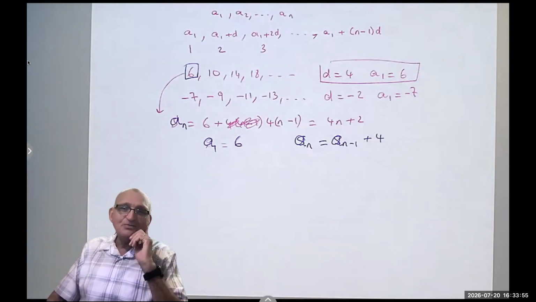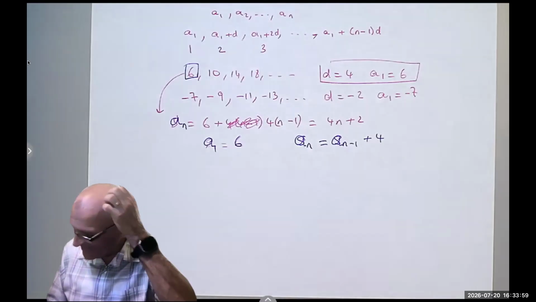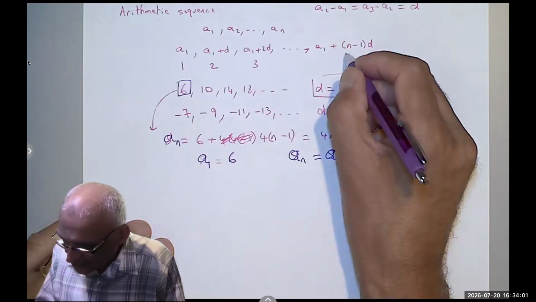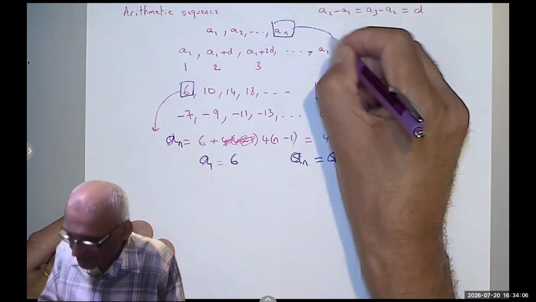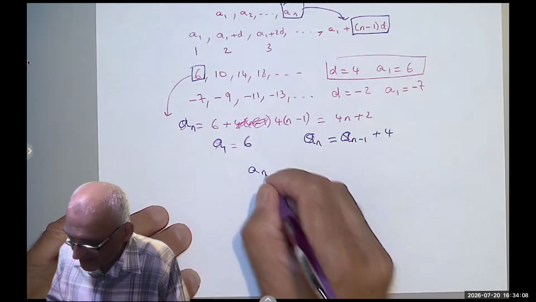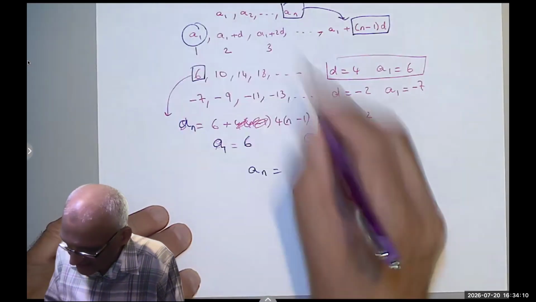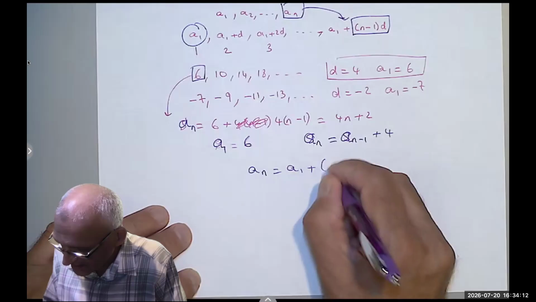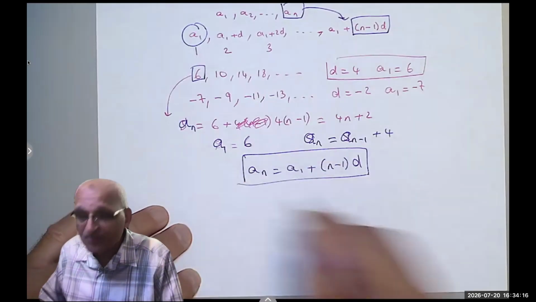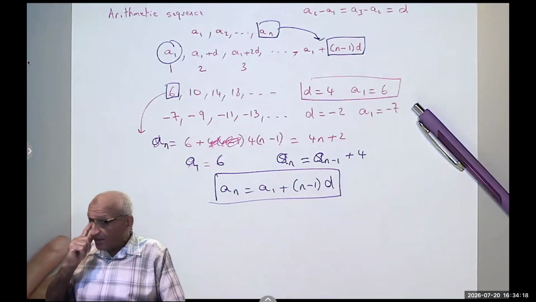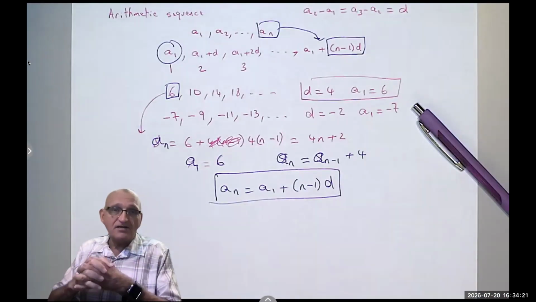Just tell me what the previous one is, and then I'm going to add 4 to that, right? And now also remember that this is another equation that we use. So we say a sub n equals a sub 1 plus n minus 1 times d. And that's really all we need to know in sequences, in arithmetic sequences.